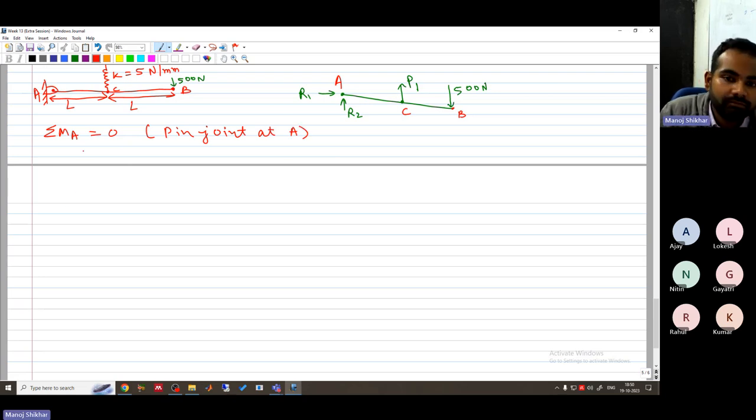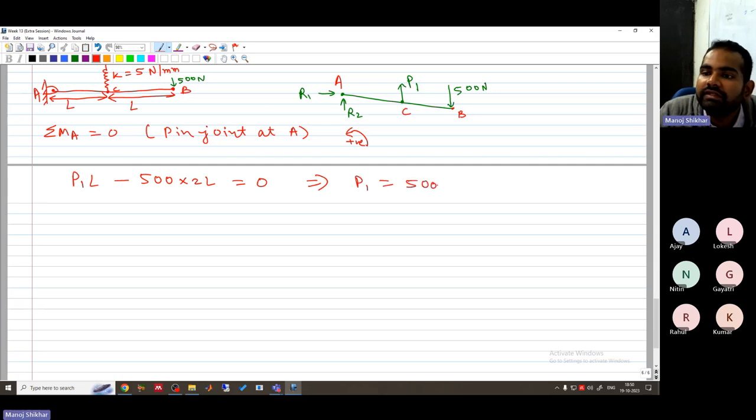So this will be P1 into L minus, and I'm assuming counterclockwise as positive, minus 500 into 2L equal to 0. So from here we get that P1 equal to 500 into 2, that is 1000 Newton.